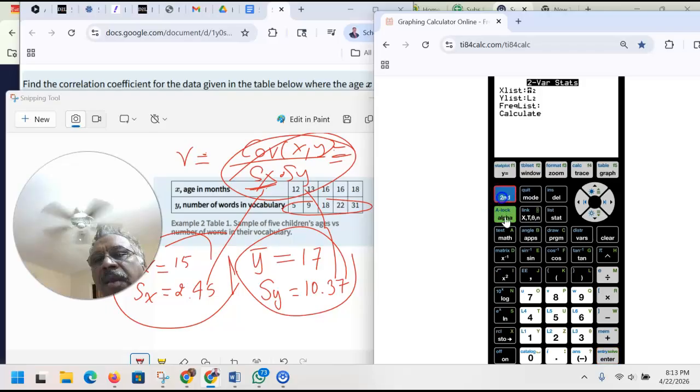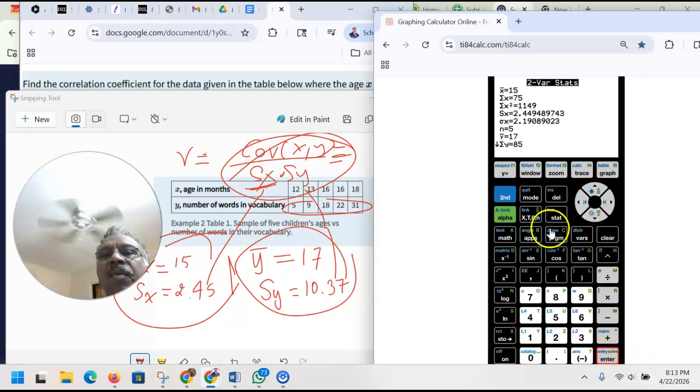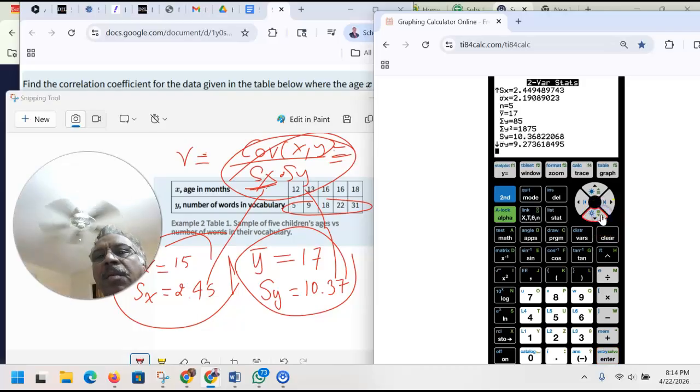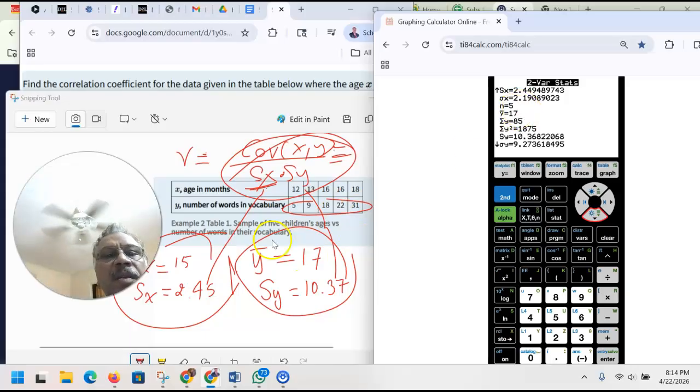I'll click on second, then go down, down, down, down, down, enter, enter, enter, enter. So this gives you both, but it does not give you the coefficient of correlation here.